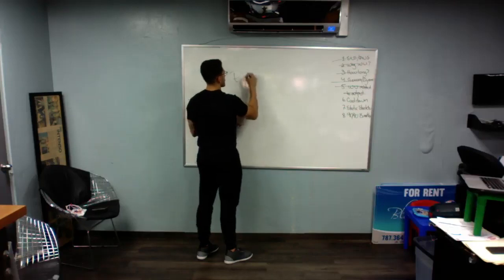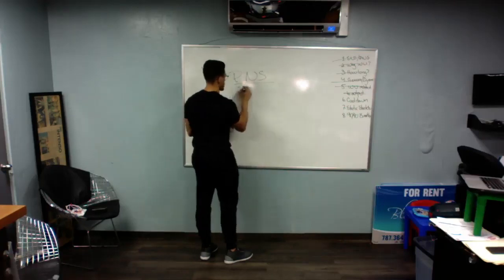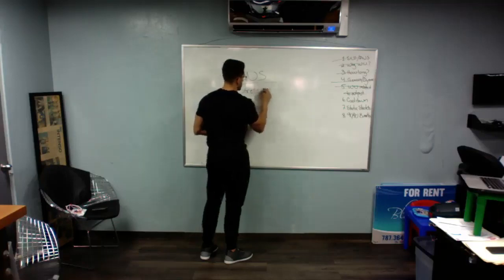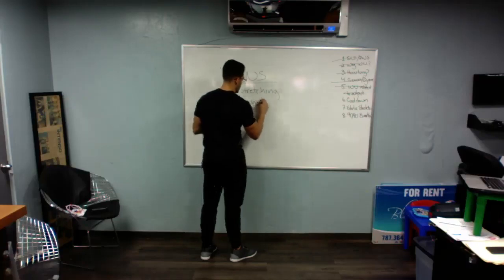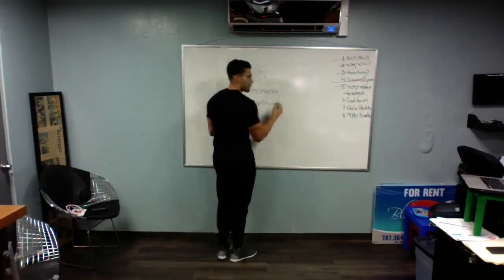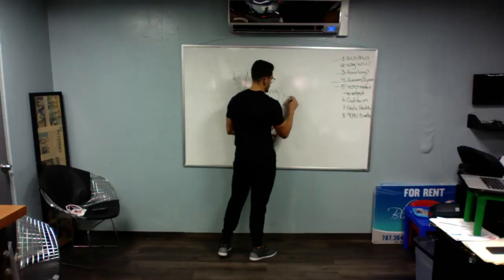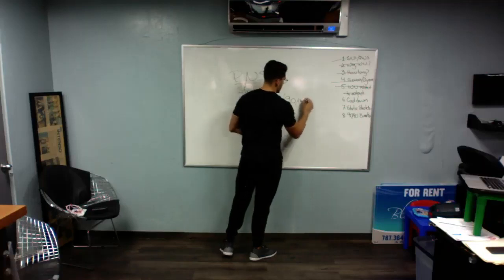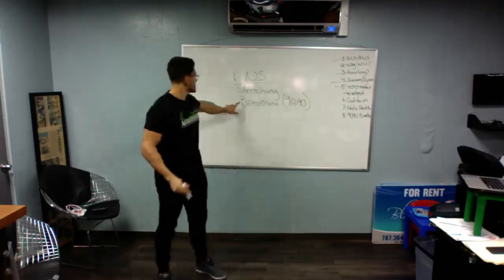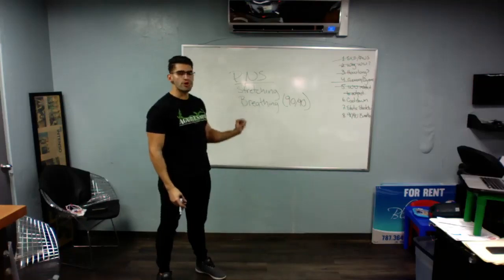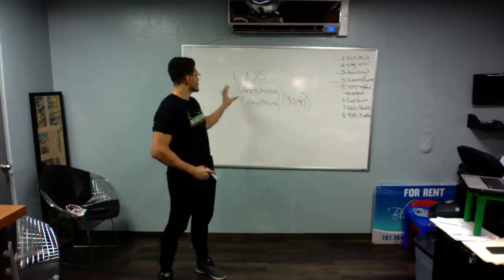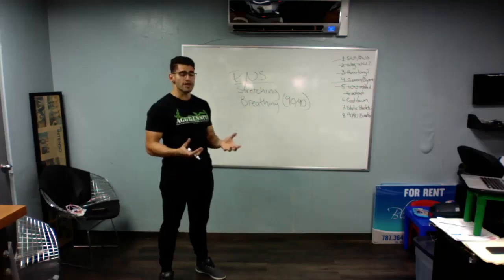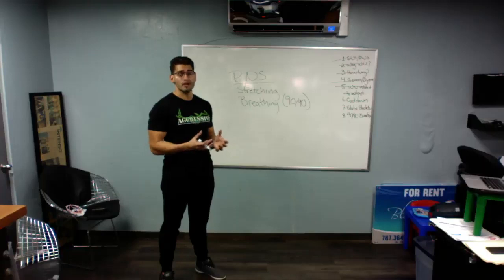For the parasympathetic nervous system: stretching, breathing. Think 90-90 breathing. The reason why breathing gets you into a parasympathetic state is that a lot of nerve endings for the parasympathetic nervous system are in the stomach.